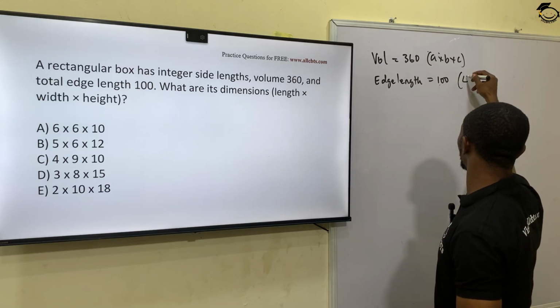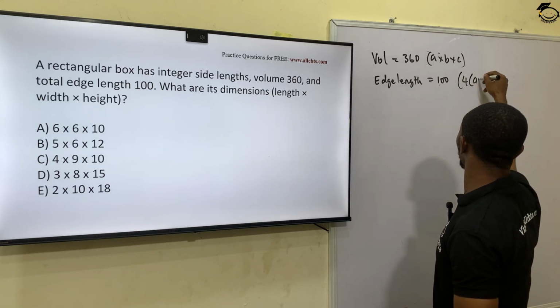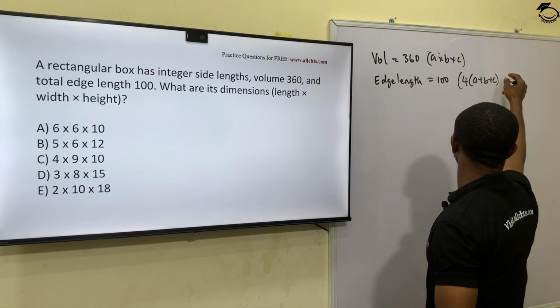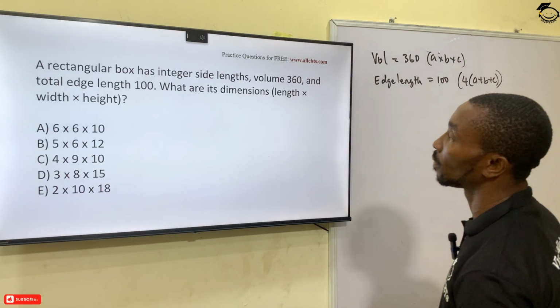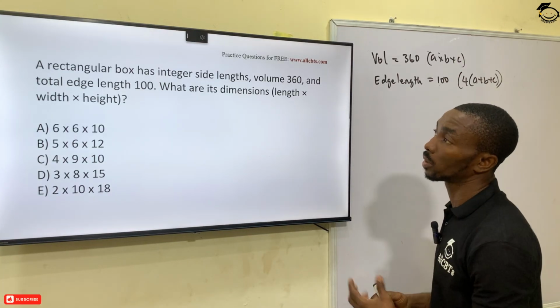This is 4 brackets A plus B plus C to give us the total edge length. Now, what are the dimensions of the rectangular box?